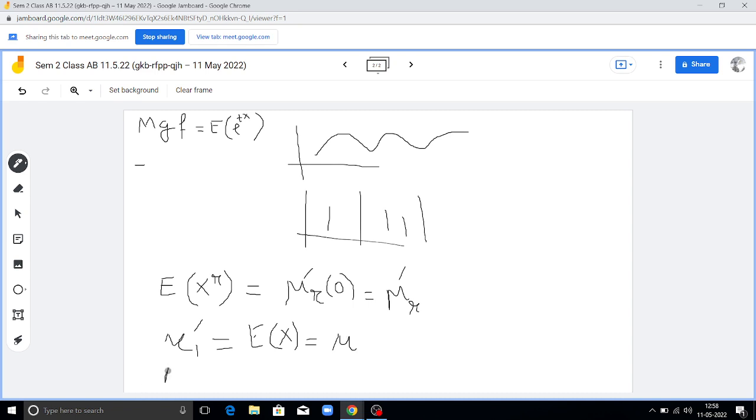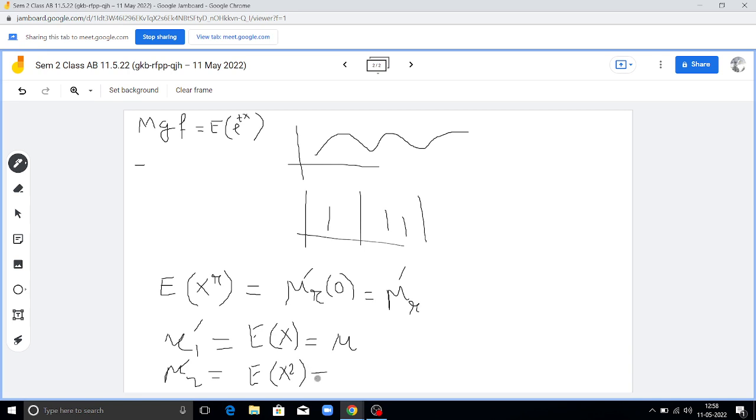What is mu 2 prime? Mu 2 prime is expectation of x to the power 2. What is x to the power 2?